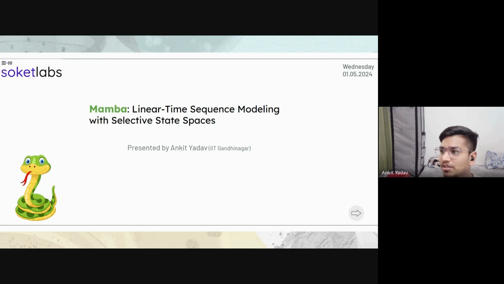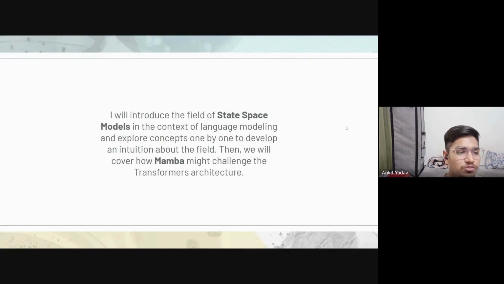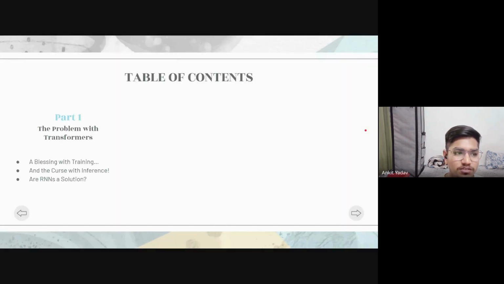Moving further to the next slide, I'll first go with the state space models, the main core behind Mamba, and then we'll look at how Mamba uses this state space. I have split this presentation into three core parts.